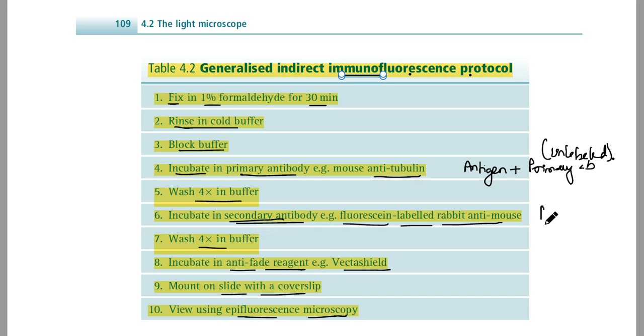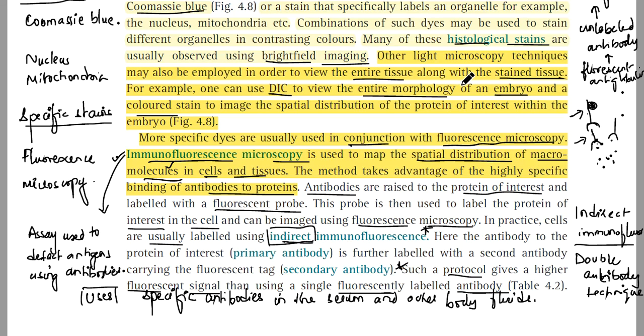Here the secondary antibody will bind with the primary antibody, and this secondary antibody has the fluorophore attached to it. Clear? And the primary antibody is still attached with the antigen. Understood? So that was all about immunofluorescence microscopy.